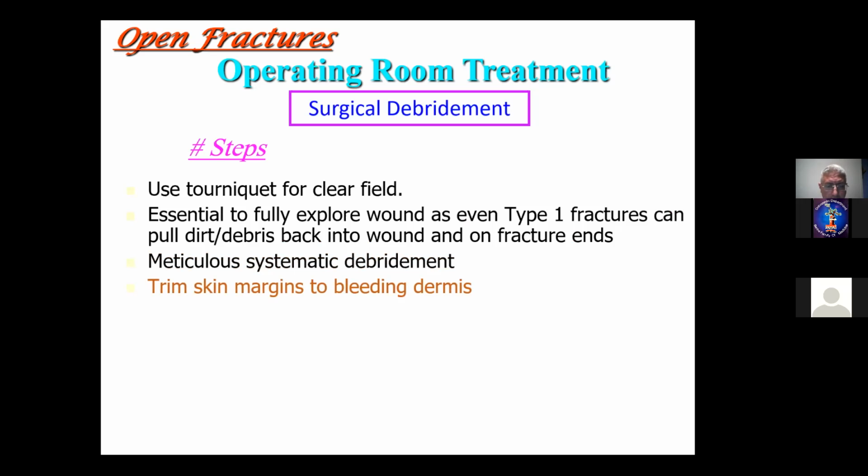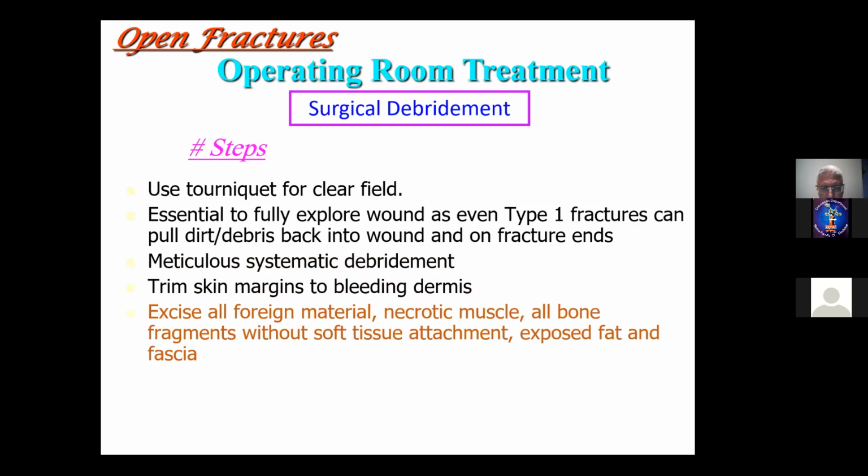Trim the skin margins to the bleeding dermis, and as much as you can, try to preserve a healthy skin adequate for coverage. The coverage is very critical. Excise all foreign materials, necrotic muscles, all bone fragments without soft tissue attachment. So any bone fragment without soft tissue attachment should be removed.